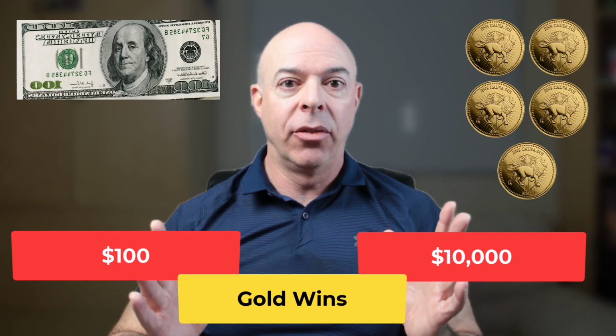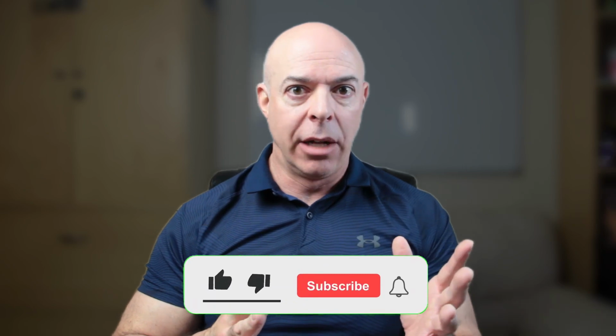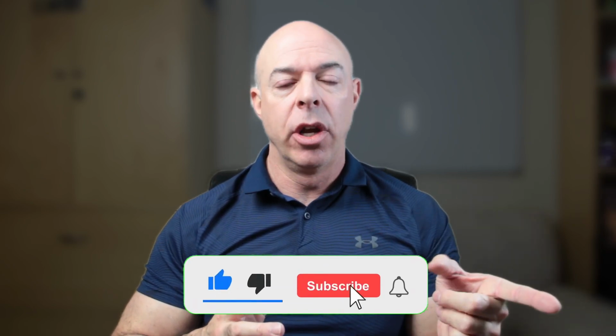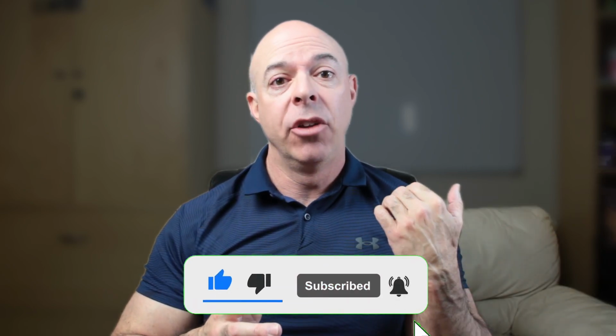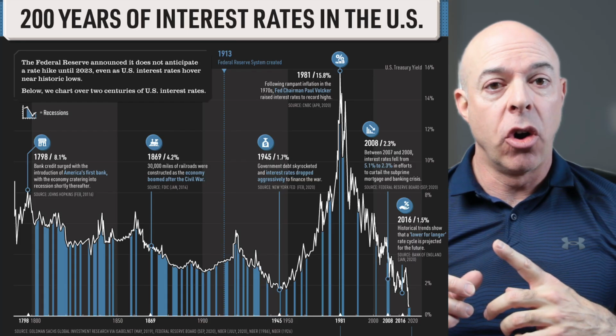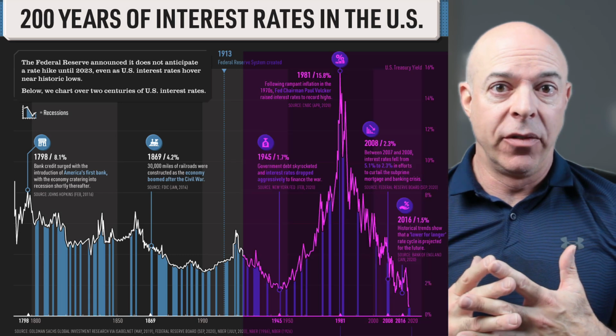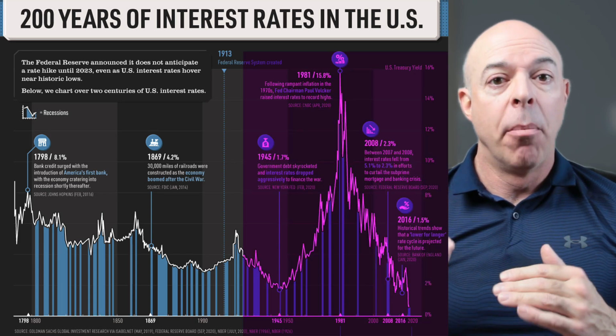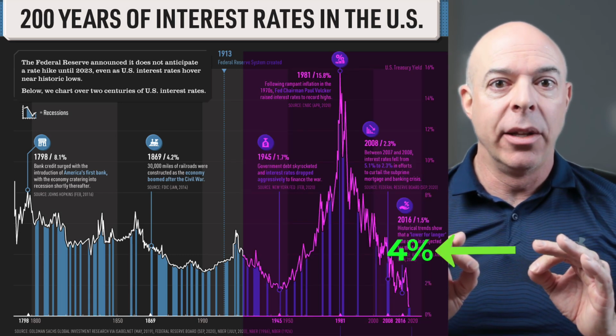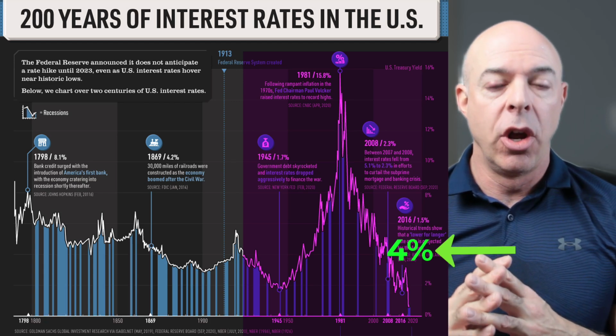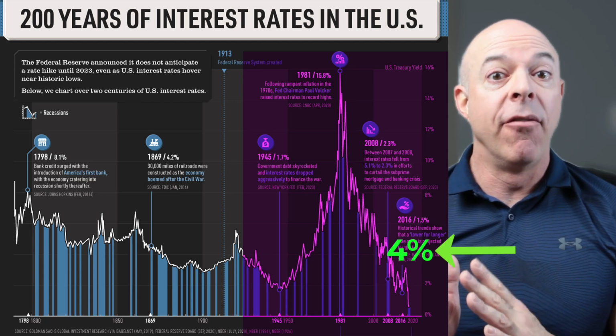Okay, I know what you're probably thinking. There are lots of ways to look at things in relation to opportunity cost. So let's talk about that $100. Instead of putting it under your mattress, you put it to work in a savings account and you received a rate of interest. You'll see on this chart, interest rates over that period of time have been all over the place. But just eyeballing it, let's say 4% interest every year.